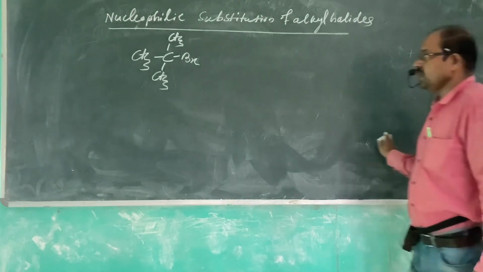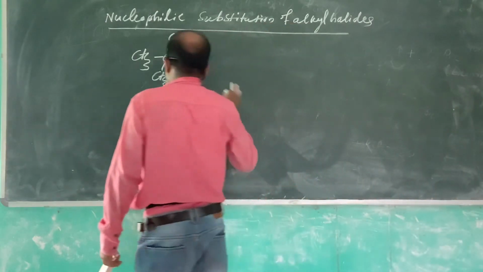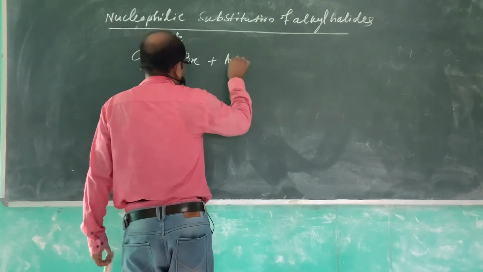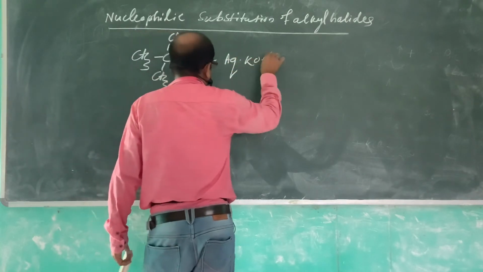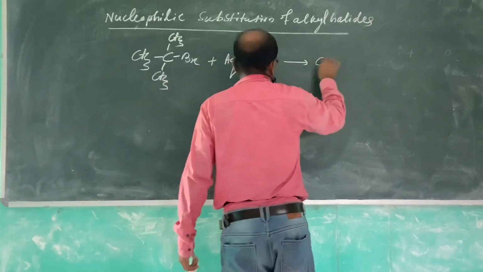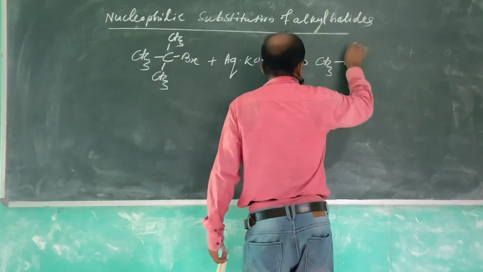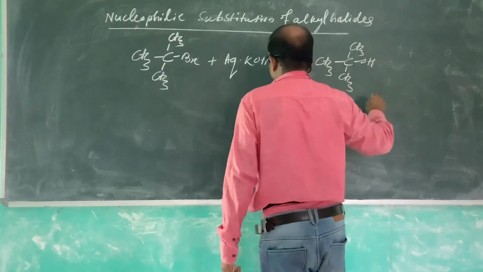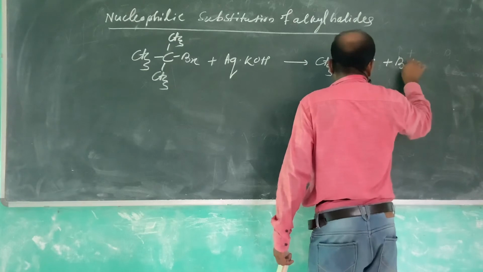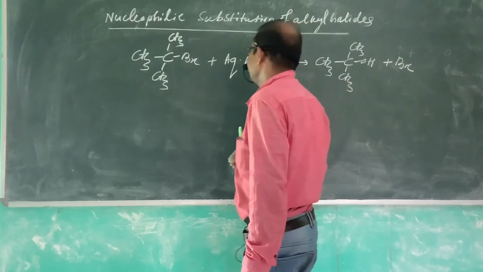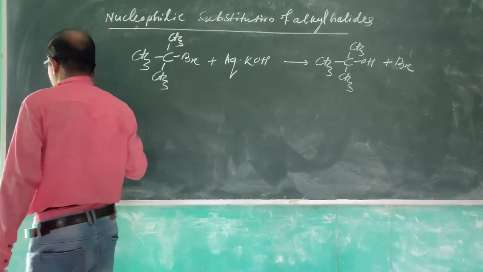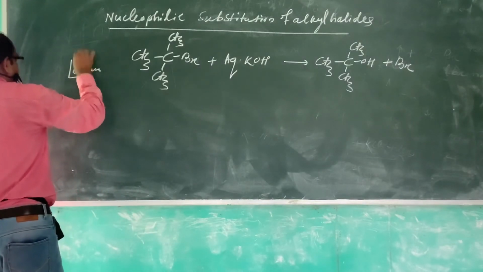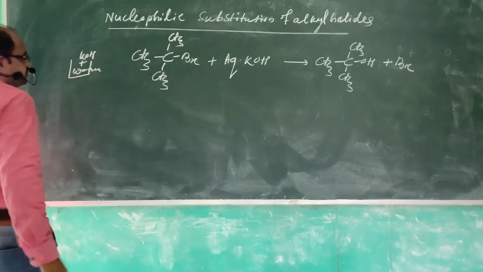When tertiary butyl bromide reacts with aqueous KOH, it gives rise to tertiary butyl alcohol plus potassium bromide. Aqueous KOH means it is a mixture of water and potassium hydroxide.